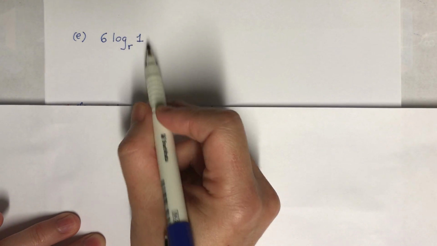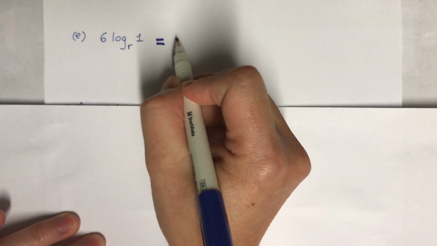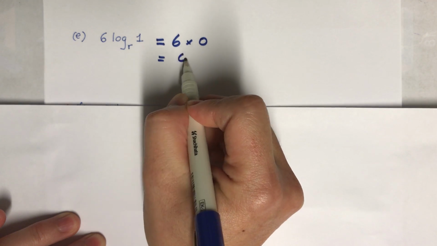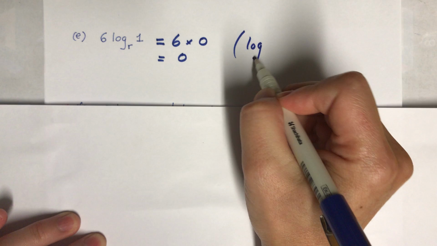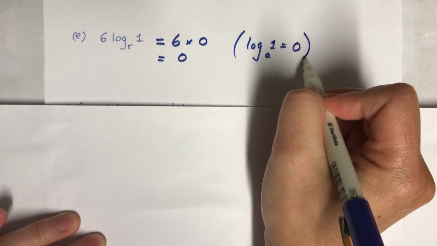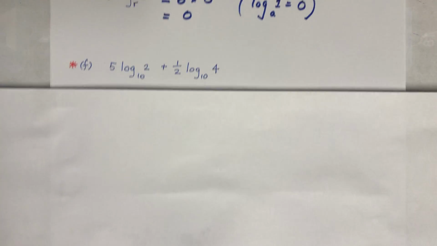So that's going to be 0. Okay, so the answer is 6 times 0 equals 0. So that whole thing is 0. Okay, F.